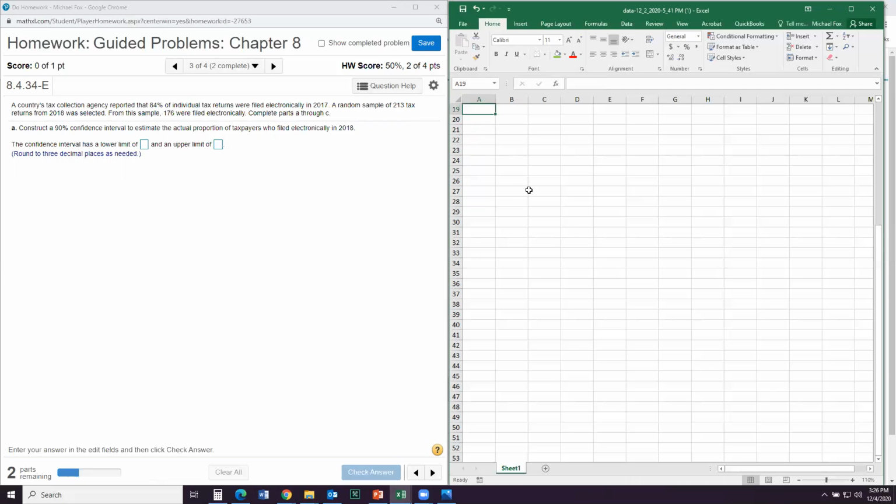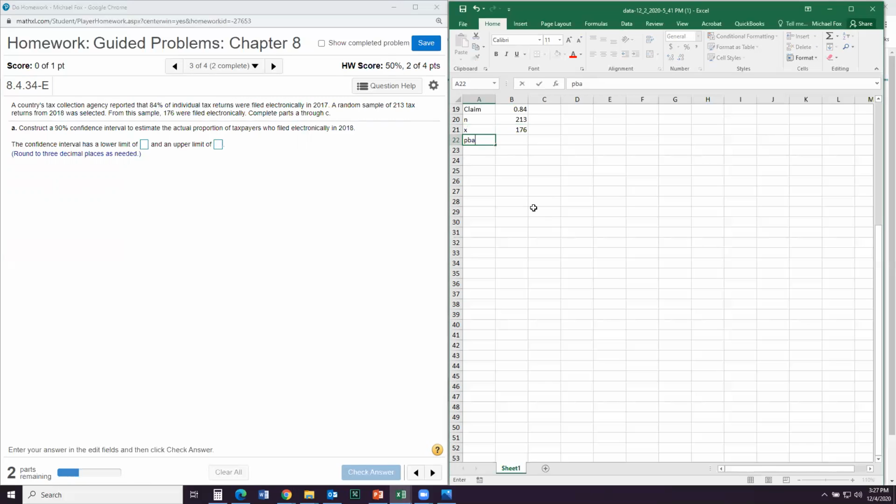So we have this claim, or this past measurement, I just call it a claim, that in 2017, 84 or 0.84 of individual tax returns are filed electronically. But now we have this year a sample size of 213, so n is 213. From this sample, 176 were filed electronically, so I'm going to call that x as 176.